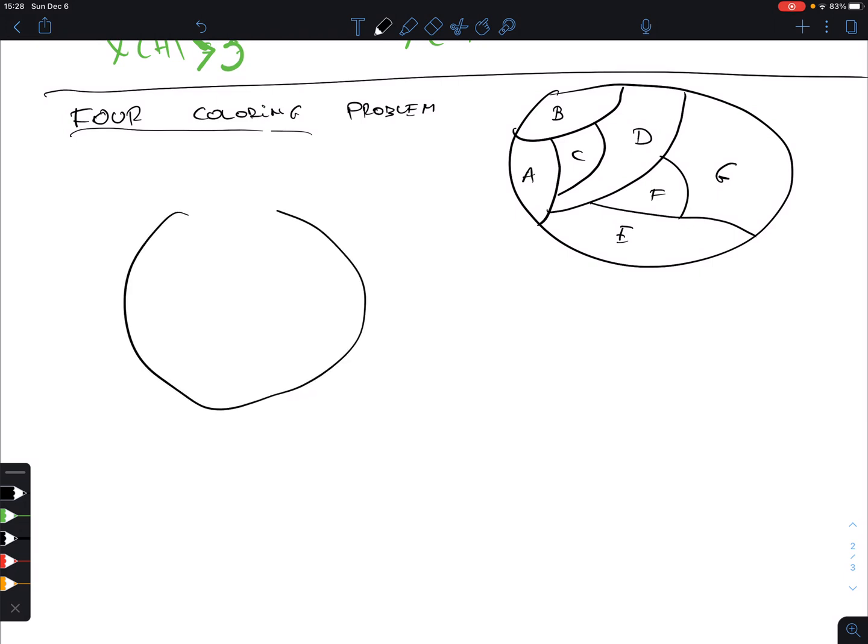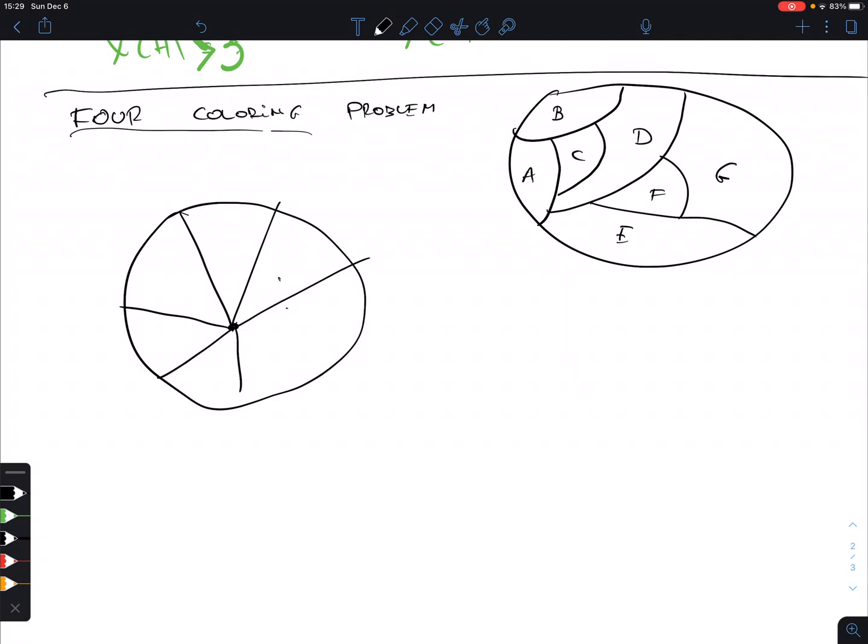So, for instance, again the circle, let's say these are various quarters of a city. And then you could say, well, they all meet here, so they all have to have different colors. No, when they meet in just a single point, we don't consider them as really having borders. Okay, we only look at regions that are separated by an actual border.